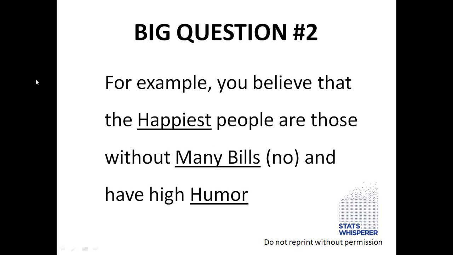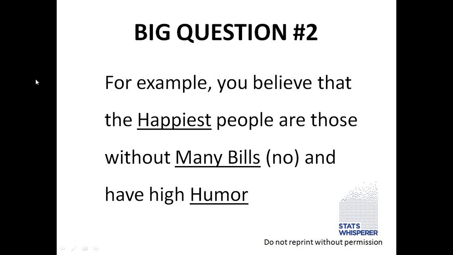So for example, suppose we want to explain who the happiest people in our sample are. So we say that people that don't have many bills monthly will probably be happier than people that do. And also we might say that levels of humor might be associated with more happiness.